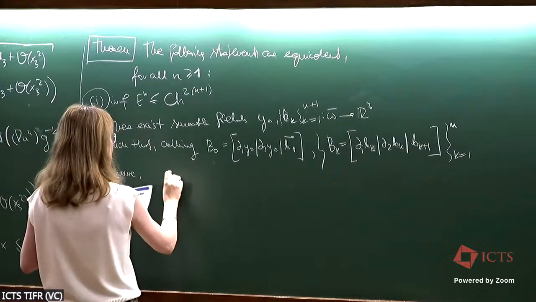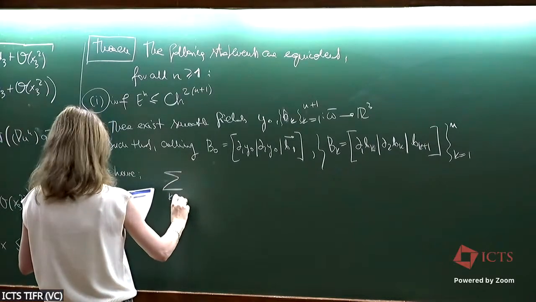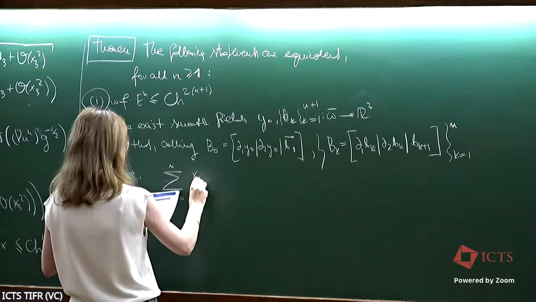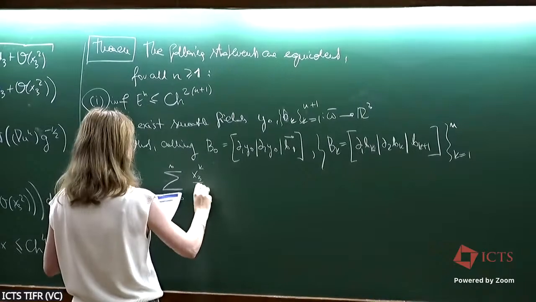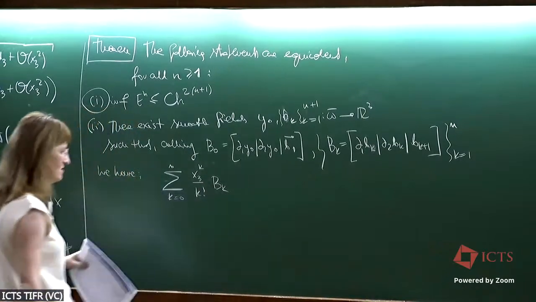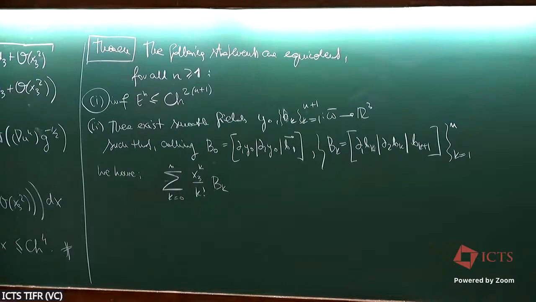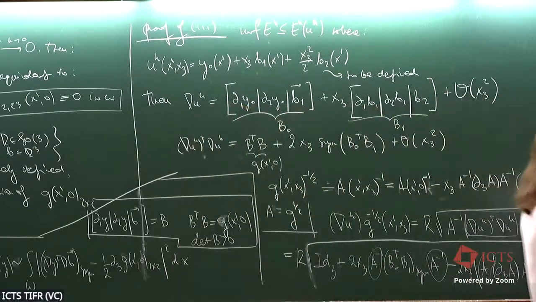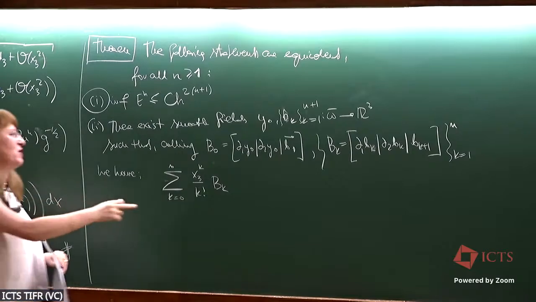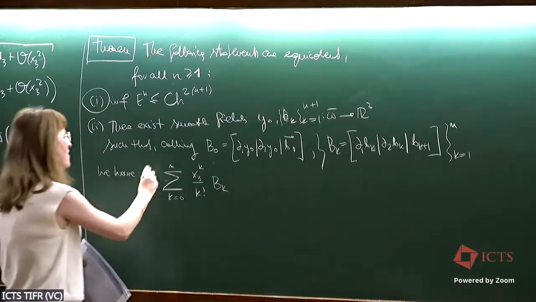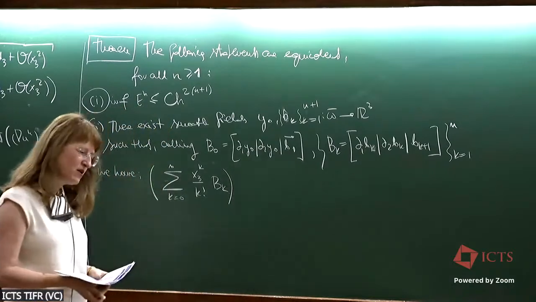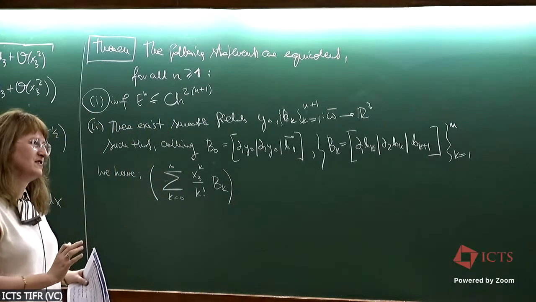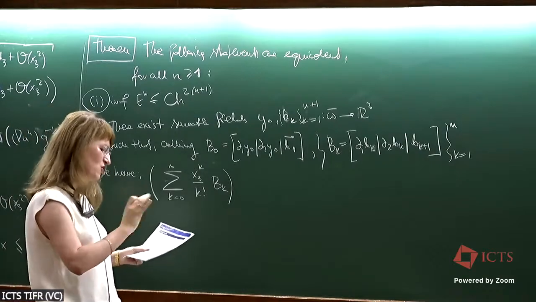the expansion, a sum from k equals 0 to n, x3 to the power k divided by k factorial times bk. Before, I had b0 plus x3 b1. Now I will have x3 squared divided by 2 b2 and so on, and I go all the way up to bk. This thing is a square root of g up to appropriate order, which is n plus 1 order.